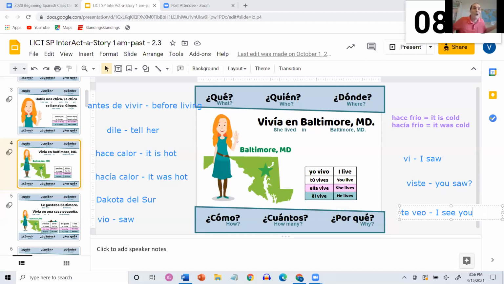Joe dijo a Peter, Peter, igualmente, te veo. Oh, Peter vio a Joe. Y Joe también vio a Peter. Joe, that's your cue. There we go. Te veo.